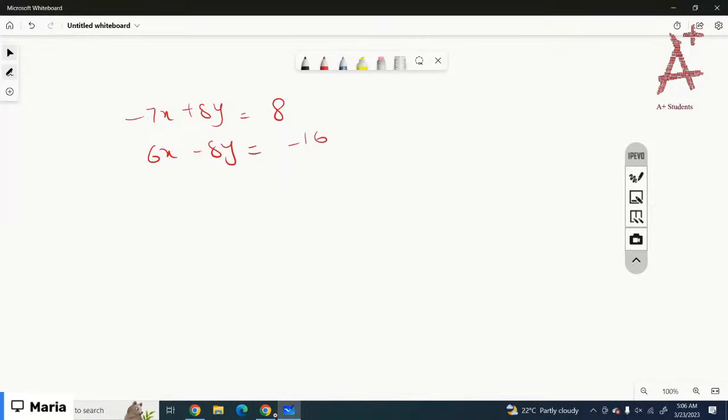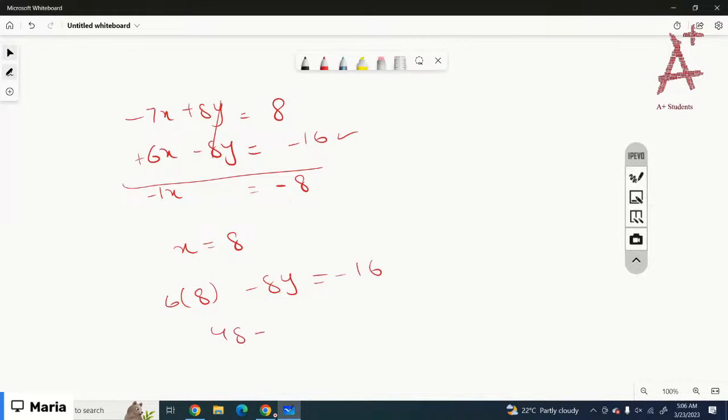Got it? They have the same coefficients. 8 minus 8 is 0. Negative 7 plus 6 is negative 1x. And 8 minus 16 is minus 8. So then x equals 8. Now you can put x equals 8 in any of the equations and calculate the value of y. I'm going to use the second one. 6 times 8, 48 minus 8y equals negative 16.